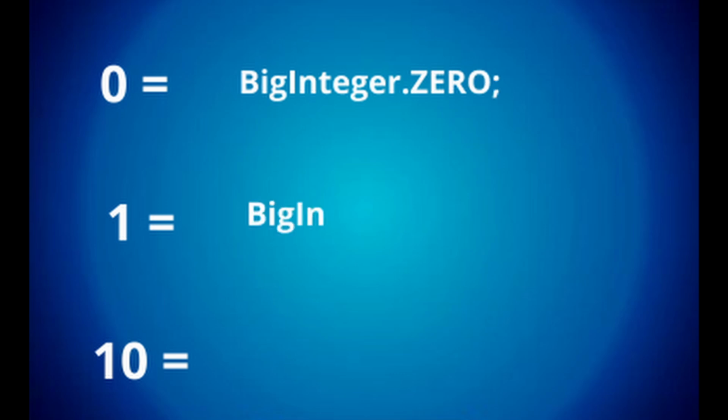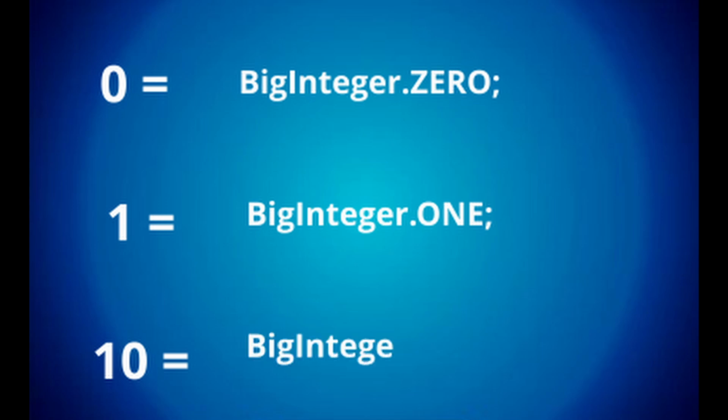So you don't have to actually create an object, you could just have 0, 1, and 10 ready to go. You would use BigInteger, that's the class, dot ZERO in full caps, or BigInteger.ONE or BigInteger.TEN.